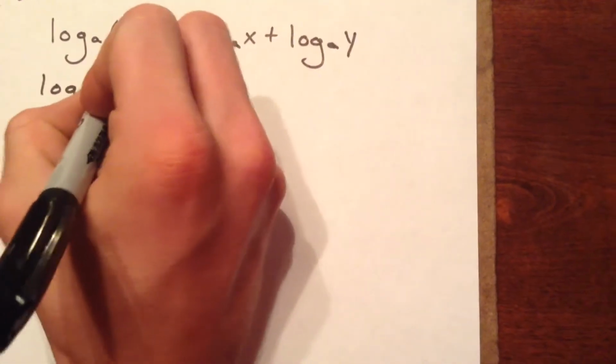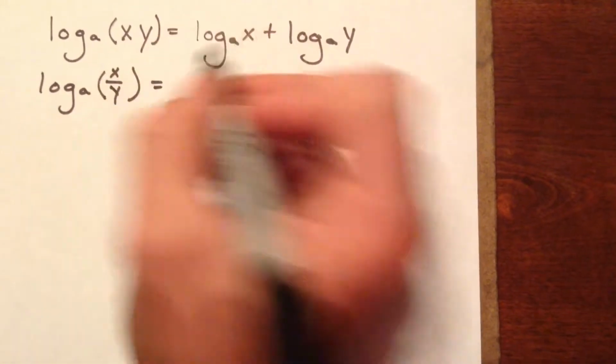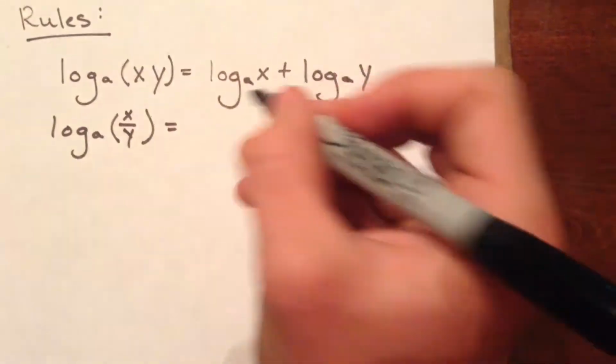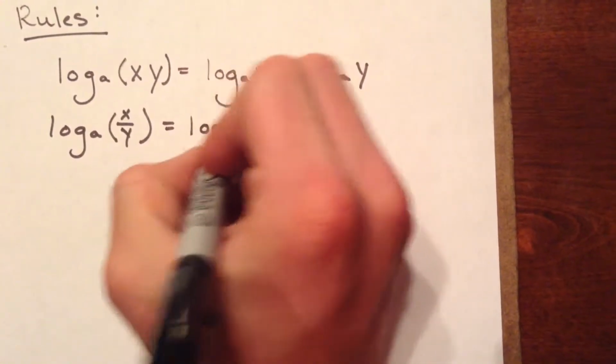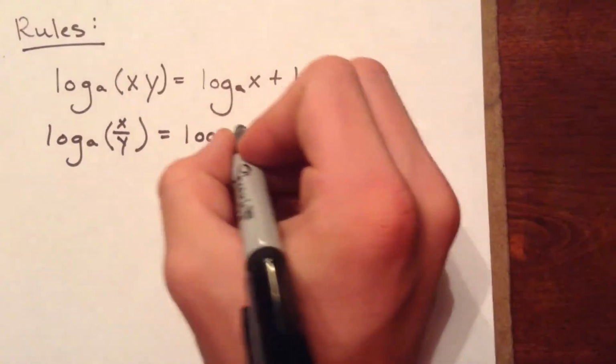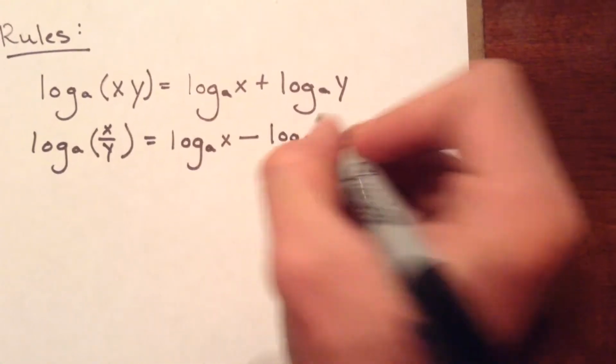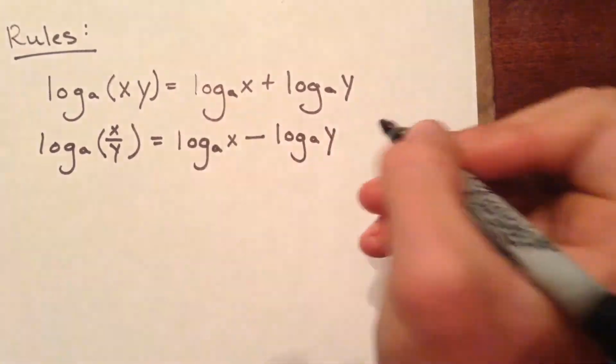You're going to follow the same rules if you are dividing, except since you are multiplying and you added, you can probably guess if you're dividing, you're going to subtract. So you're going to have your log a of x, and you're going to subtract from it your log a of, in this case, y.